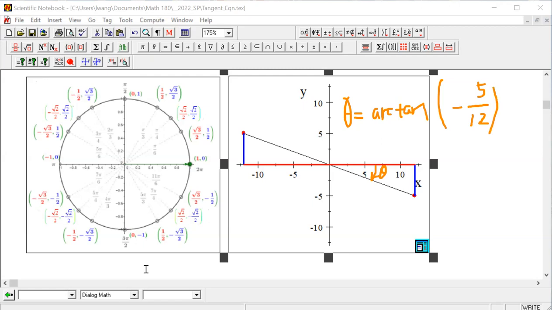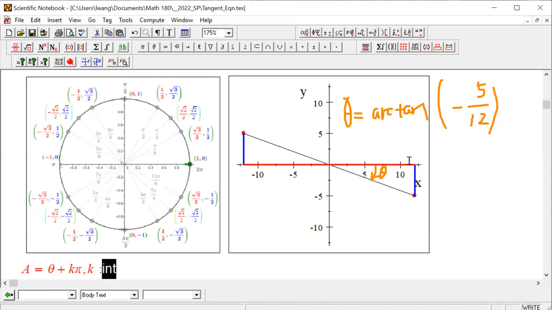And our solution would be what? You got it. It will be theta plus k pi, k being any integer. See, we're done. So let's see how we're going to show our work nicely.